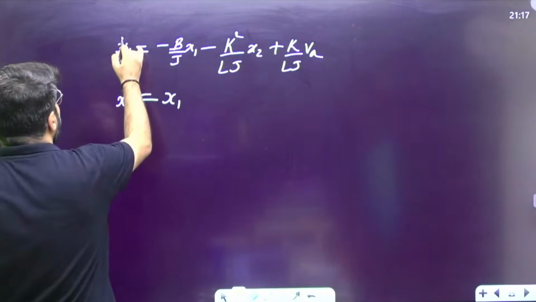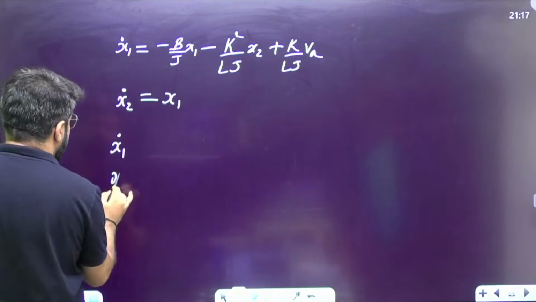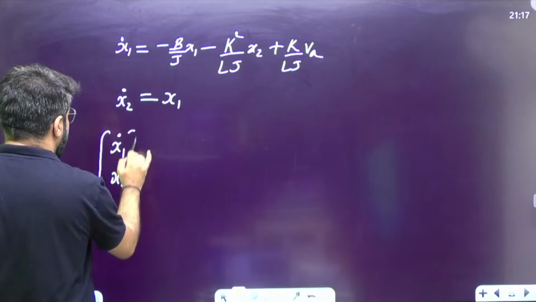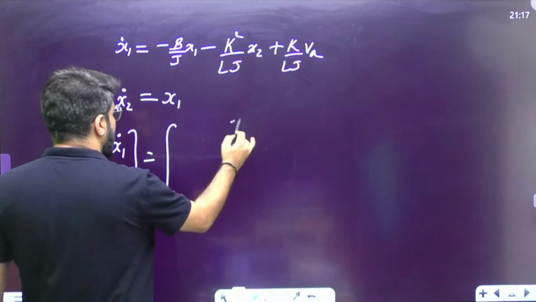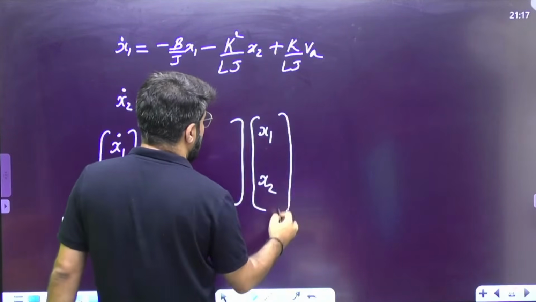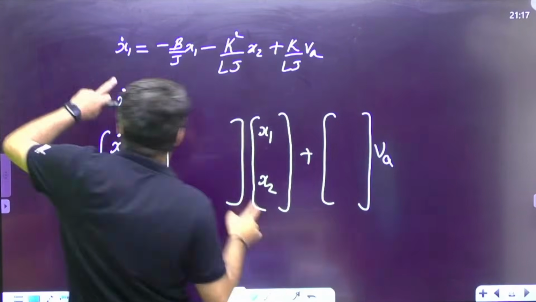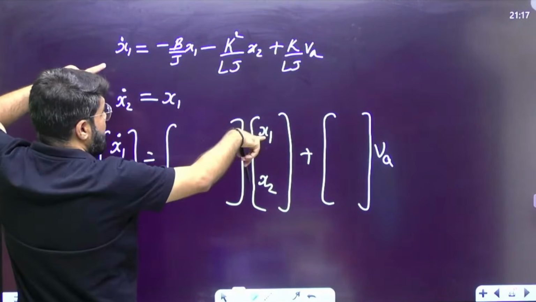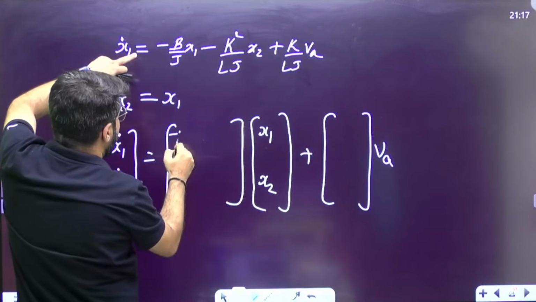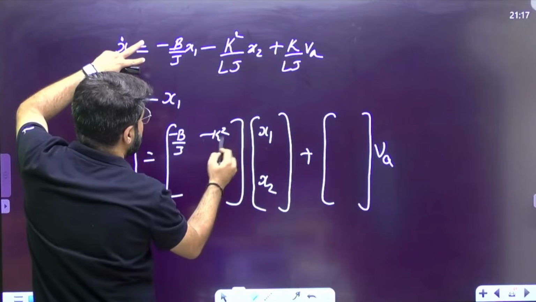Now we have to write this in the matrix form. I'll take on the left side x1 dot, x2 dot arranged in a column vector, equal to the right side, x1, x2, plus the input coefficients. Input is Va. Now see, for the first equation x1 dot, x1 should be multiplied by minus b by j, x2 should be multiplied by minus k square by lj.